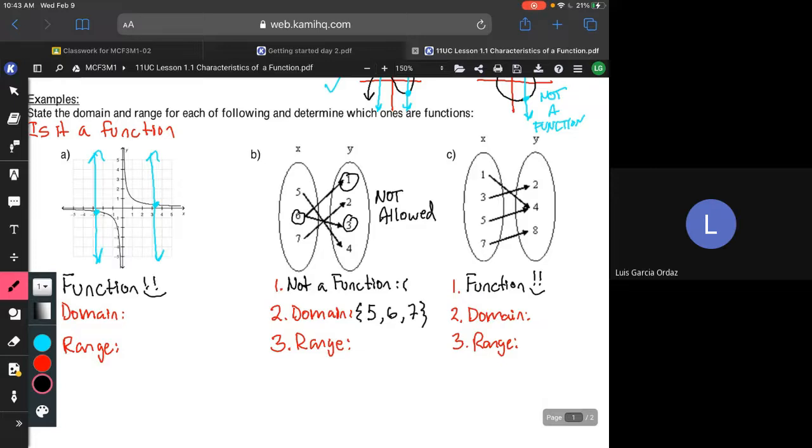Now my range has to do with my y. So what is my range? Let's see someone else. What is my range? Rebecca? Yep, 1, 2, 3, 4. Perfect.